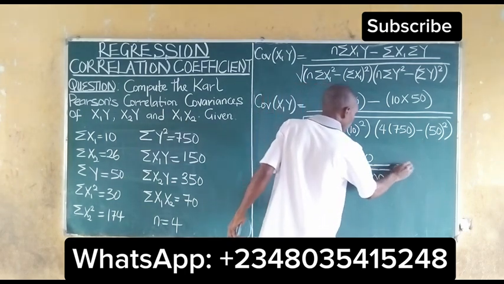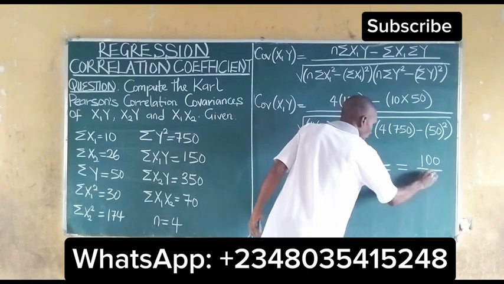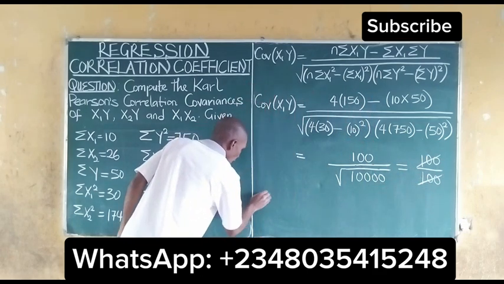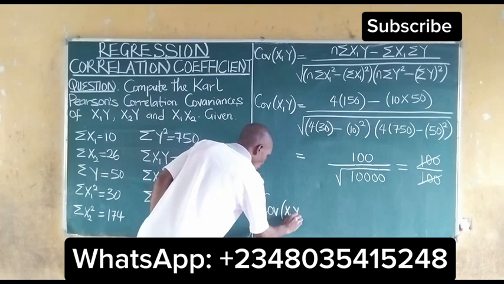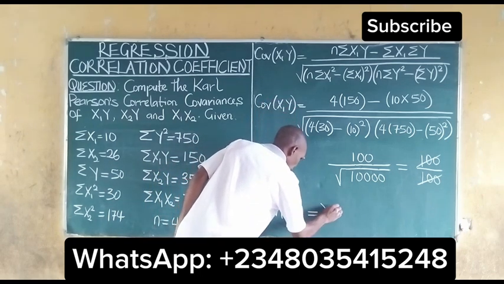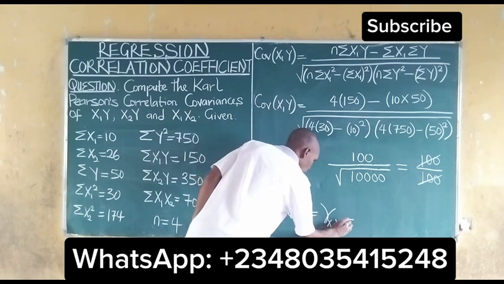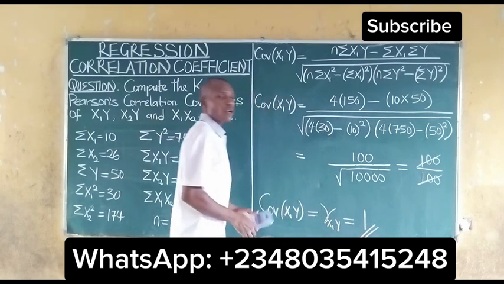Now, the square root of 10,000 is equal to 100. So this can cancel this, meaning that the Pearson's correlation of x1y is equal to 1.